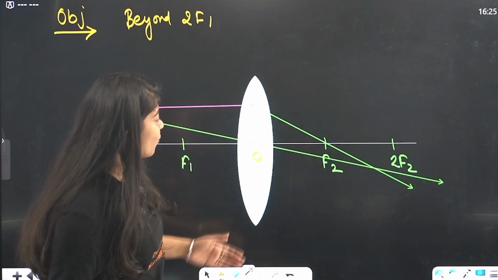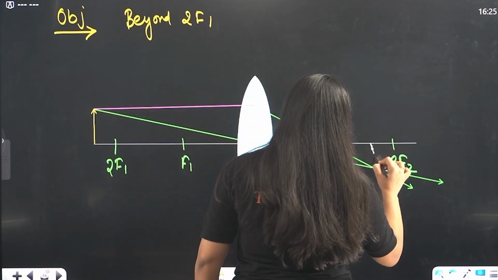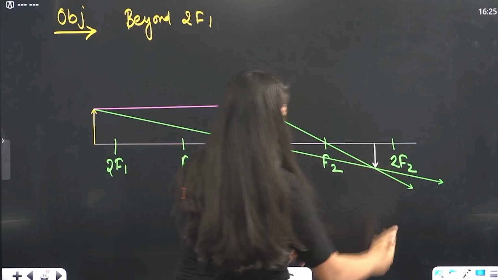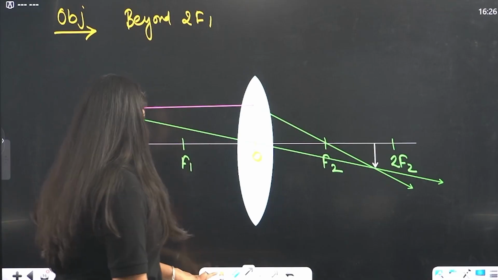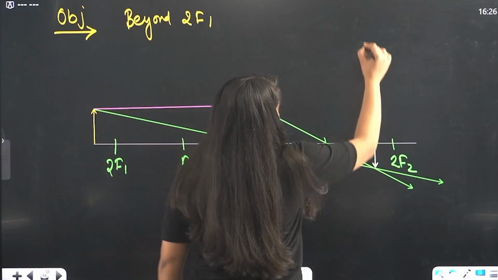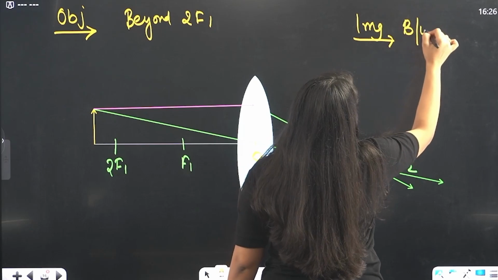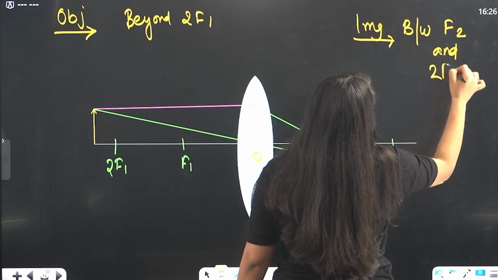And look at this now, where these two rays are meeting. These two rays are meeting here, and this is between F2 and 2F2, just like between F and C in the mirror case. So your image will be between F2 and 2F2.